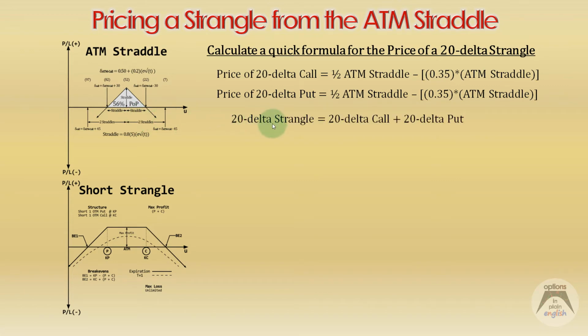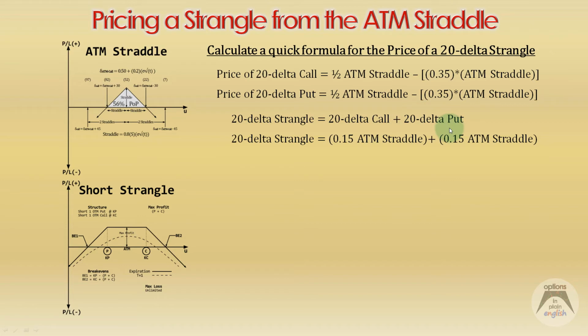So the 20 delta strangle is going to be equal to the value of the 20 delta call and the 20 delta put together. The 20 delta call is 0.5 at the money straddles minus 0.35 at the money straddles, which is 0.15 at the money straddles.